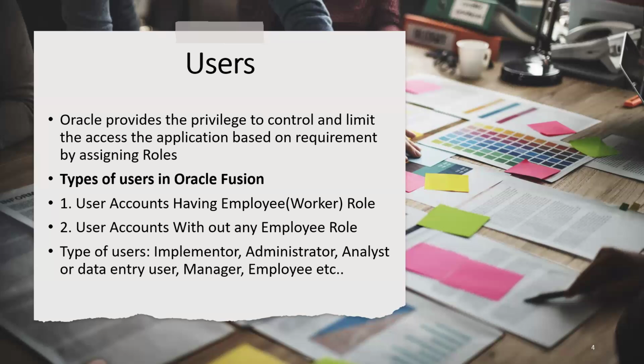Let's say a third party user, for example a consultant. We are implementation consultants. We are not employees of ABC Limited, but we need access to the Oracle Fusion application since we are implementing it for the organization.